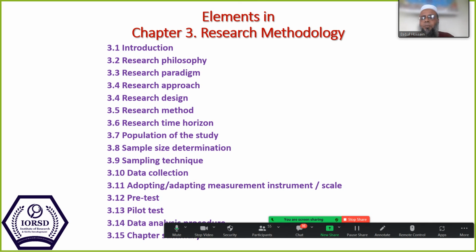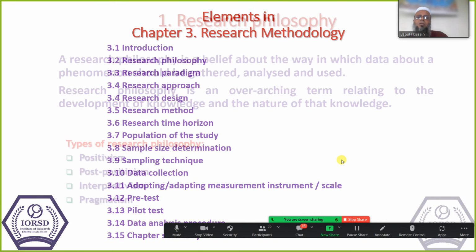And what is a pre-test? I shall talk about this during our session.